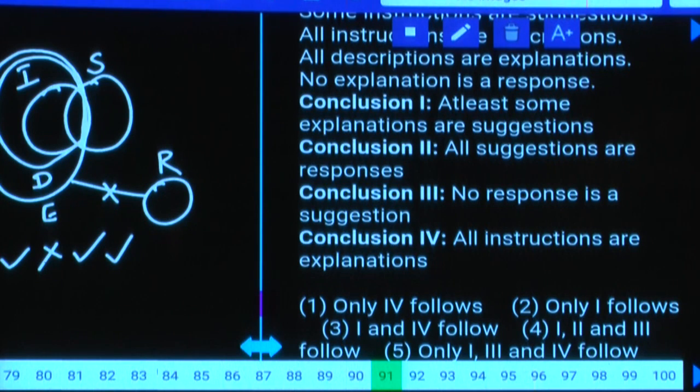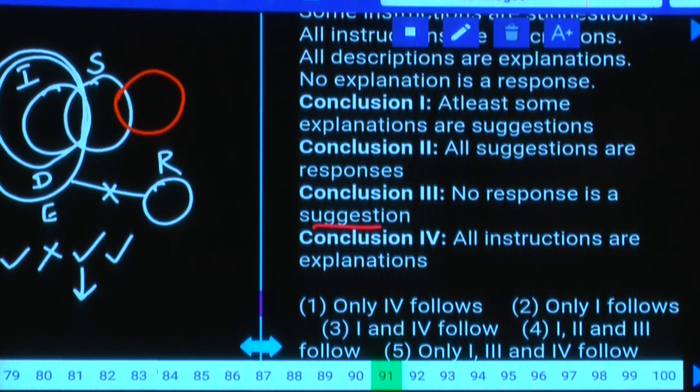So out of these 4 conclusions, first, third and fourth conclusions follow. Out of which the third one is a negative conclusion and the remaining 2 are affirmative conclusions. As it is a negative conclusion, now we need to draw an alternate diagram to check whether it can be false at least once or not. Now no response is a suggestion. In order to make this one false, we need to draw an alternate diagram by proving some of the responses are suggestions.